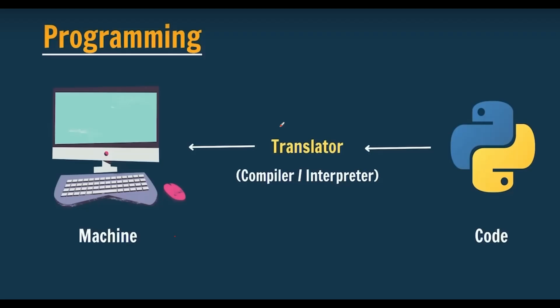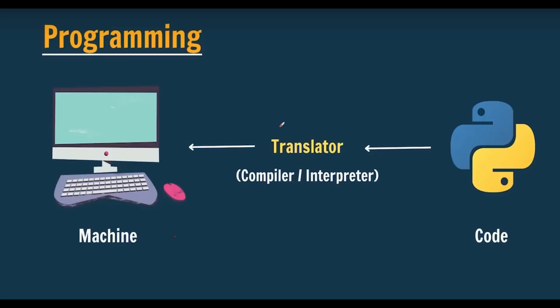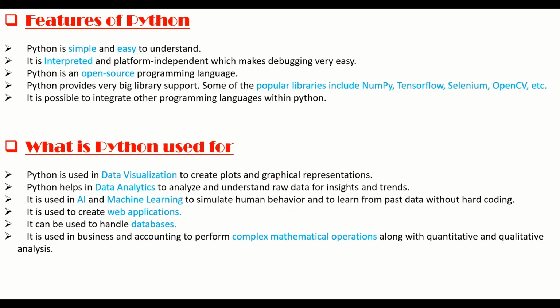So guys, quick recap. This is introduction to Python. What is translator? What is compiler? What is machine? Machine can understand 0 and 1 binary language. This is our code. What is programming and what is Python? And Python is a dynamically typed language. Features of Python. Here are some features of Python. And Python is very simple and easy to understand.